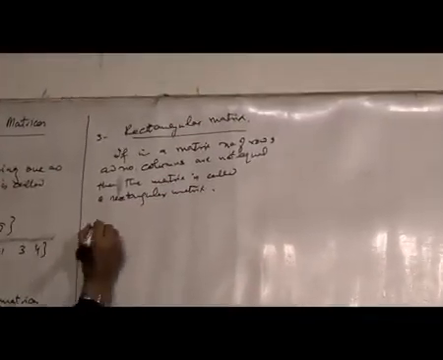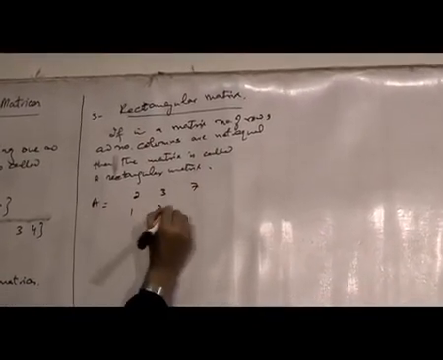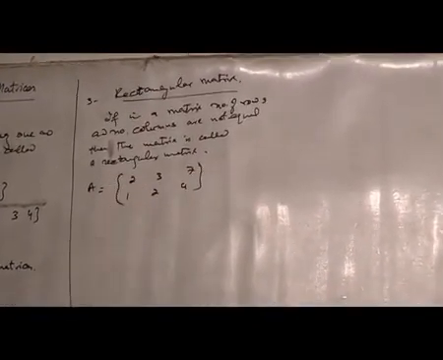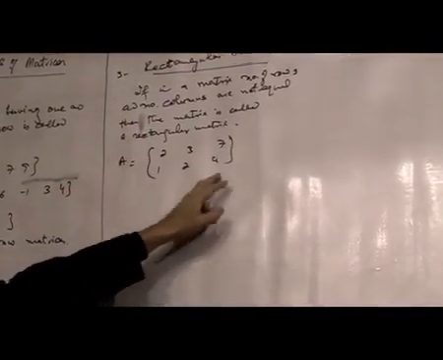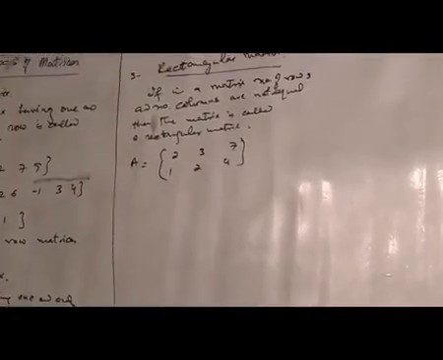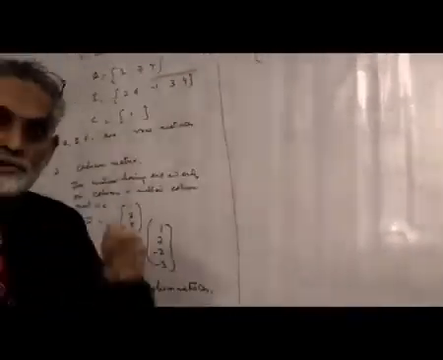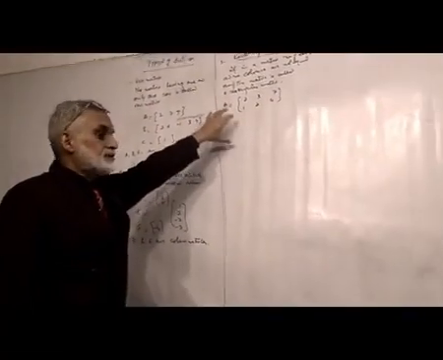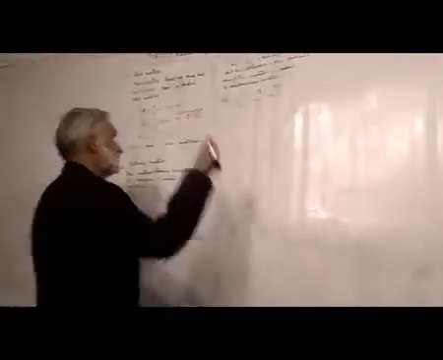Like A, 2, 3, 7, 1, 2, 4. So this matrix has two rows and 3 columns. So the number of columns and number of rows are not equal. Therefore, this matrix is called a rectangular matrix.